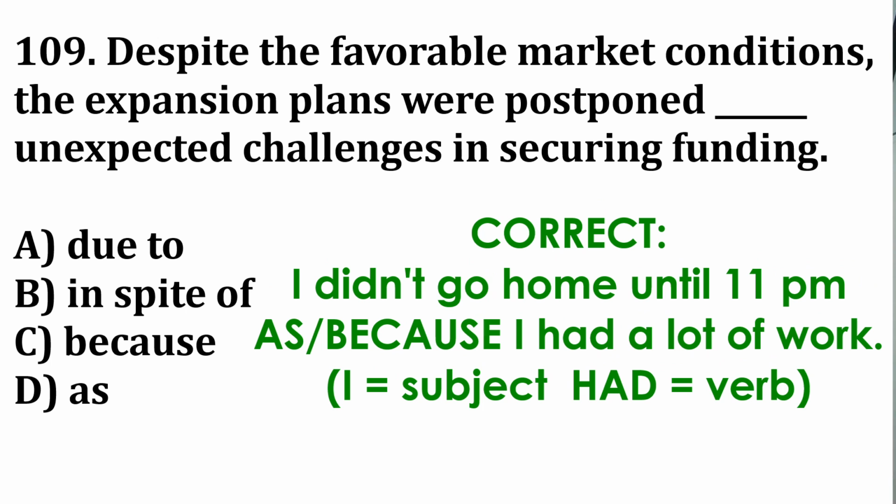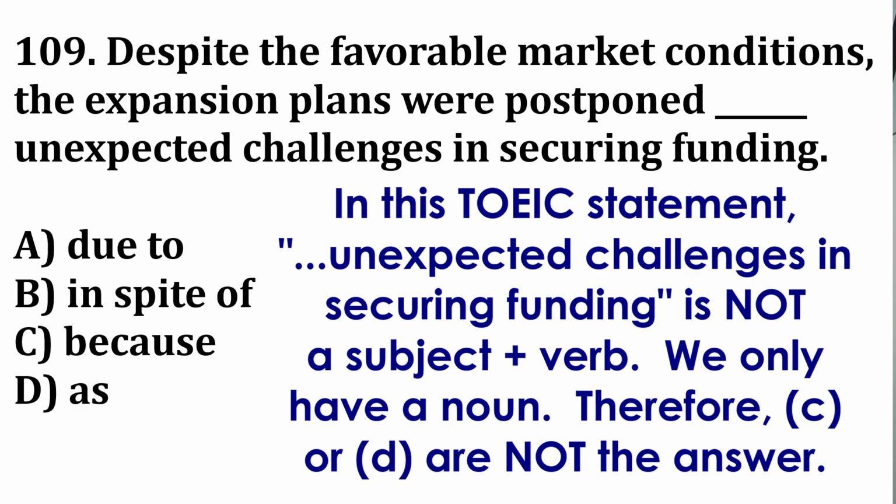Correct: I didn't go home until 11 p.m. because or as I had a lot of work. So that is the subject. Unexpected challenges in securing funding is not a subject verb. Unexpected challenges is just adjective plus noun. It's just a thing. Therefore, because we do not have subject plus verb, the answer cannot be because or as.